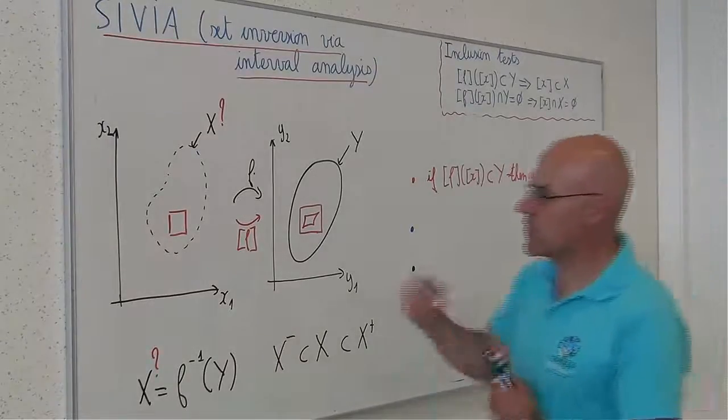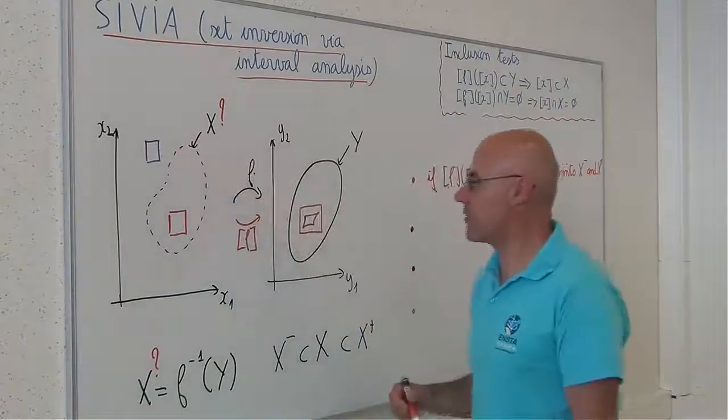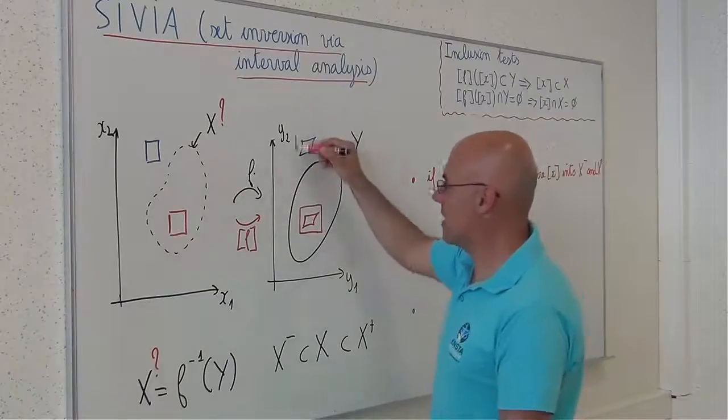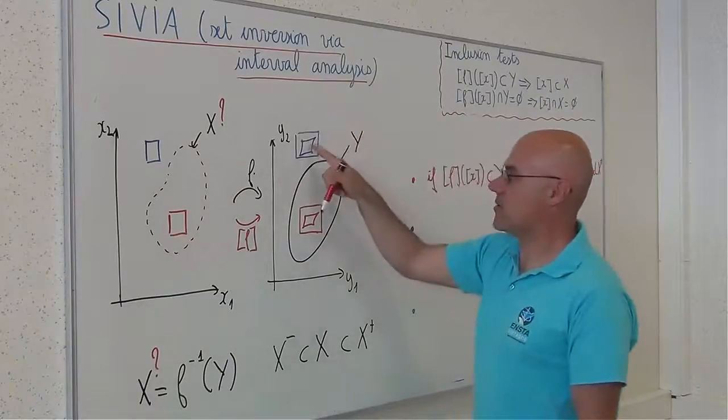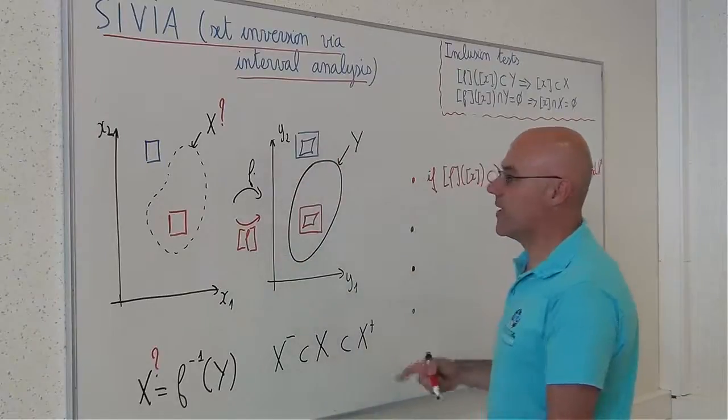Another situation, consider a box which is outside X. Its inclusion function may be like this. It is an image by f, this one is an image by the inclusion function.